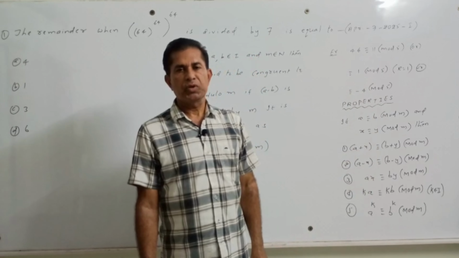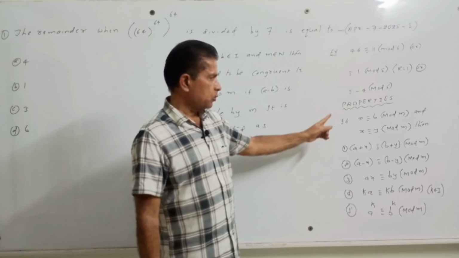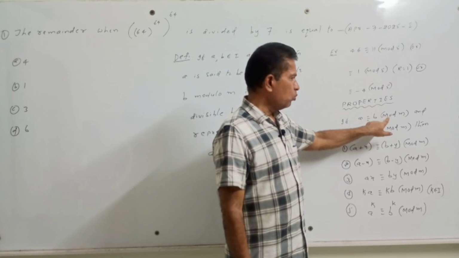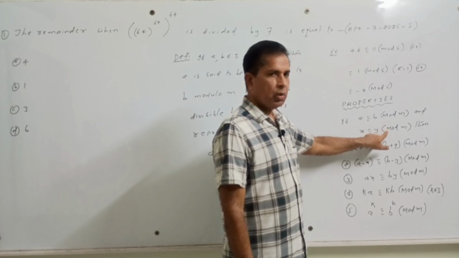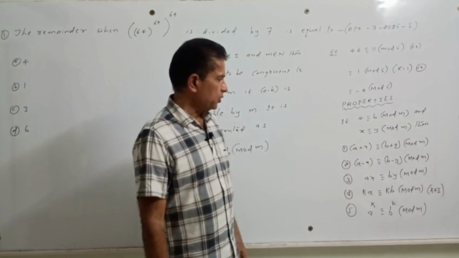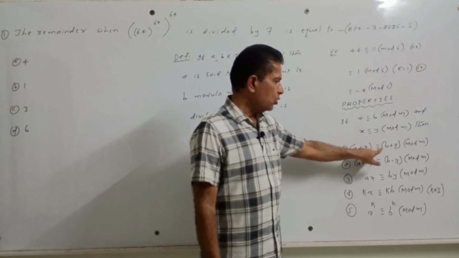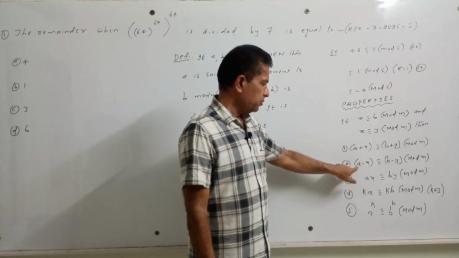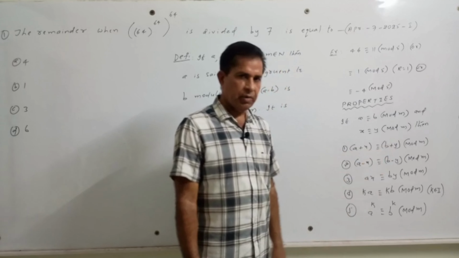To do problems related to congruence modulo m, we have to remember these properties. If a ≡ b modulo m and x ≡ y modulo m, then by adding them, a plus x ≡ b plus y modulo m. By subtracting them, a minus x ≡ b minus y modulo m.